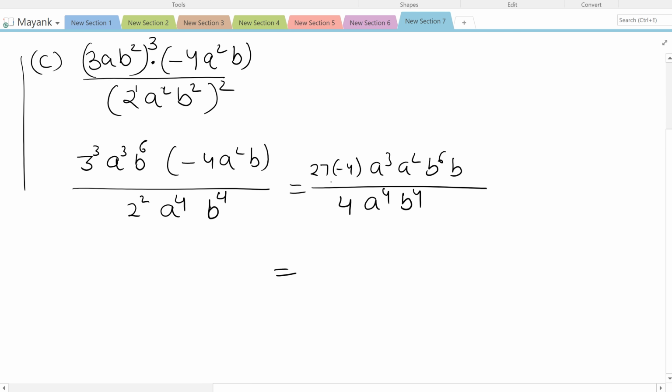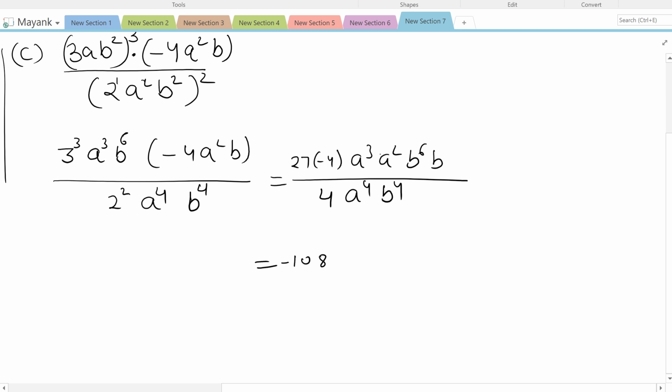Next step is multiply them. Negative sign. Now these two powers add up because the base is the same and there's a multiplication between them. Same with the b. 6 plus 1, 7.